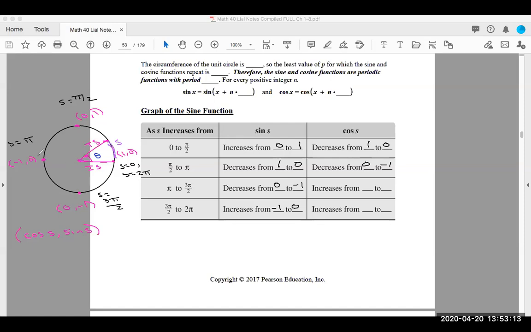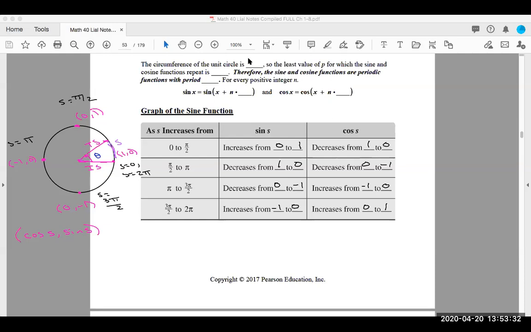When we're at pi and we're going to 3 pi over 2 for our radians, the increase is going to be from -1 to 0. And then finally, cosine, we see that we go from 0 to 1.